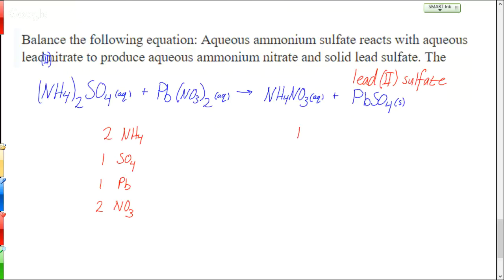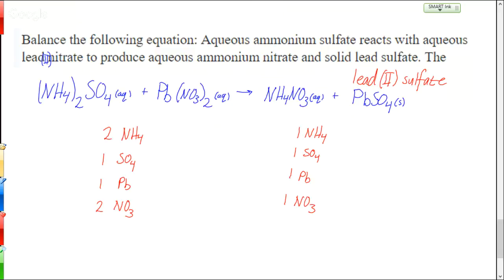And then on this side, 1 NH4, 1 SO4, 1 lead, and 1 nitrate. So when you see these whole polyatomic ions staying together throughout the equation, then you can keep them together for the balancing.